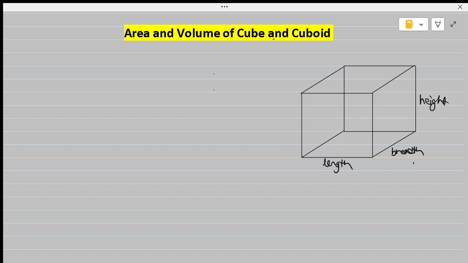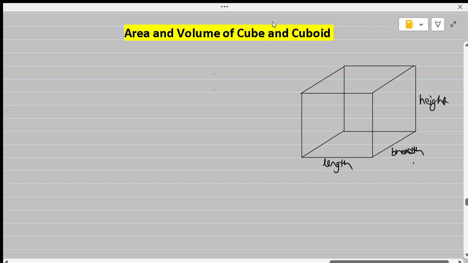After knowing these three dimensions of the cuboid, now we are going to see how many faces exist. The very first face is this one down, which we call the base, or you can call it the floor in the room.